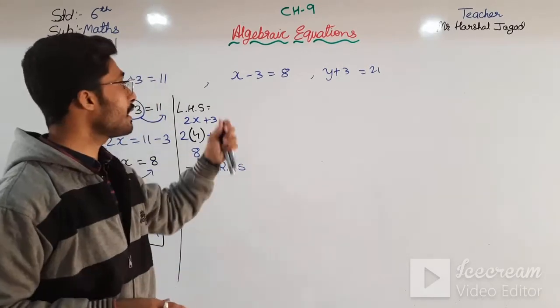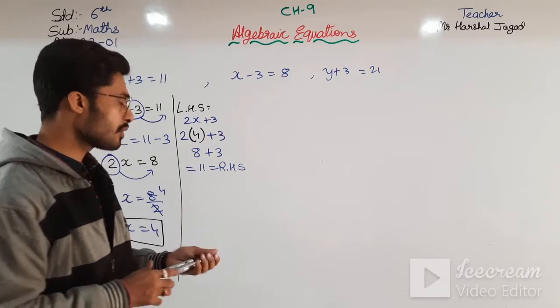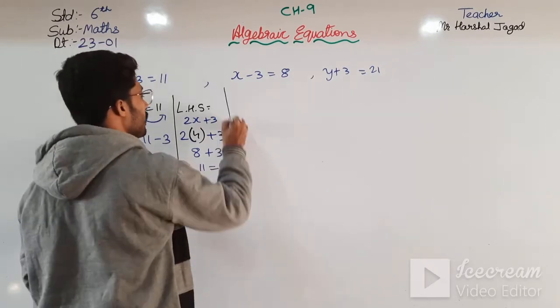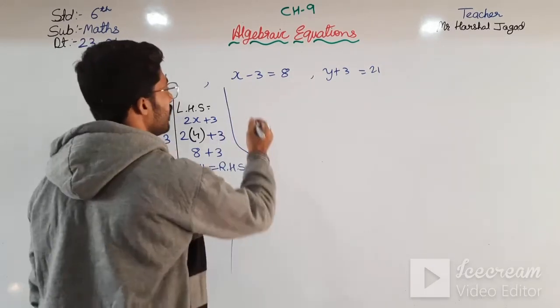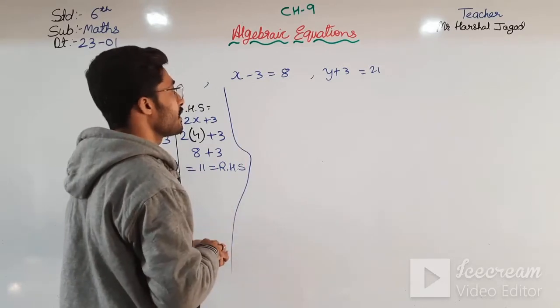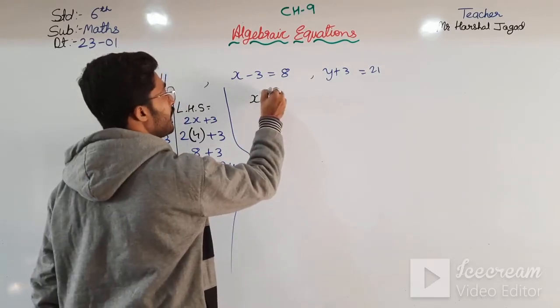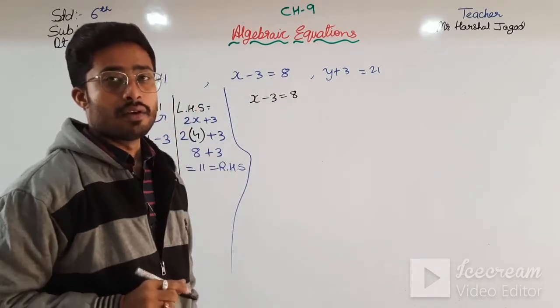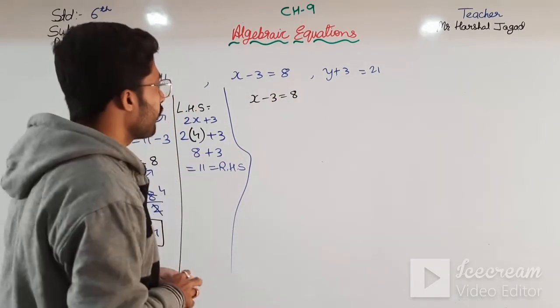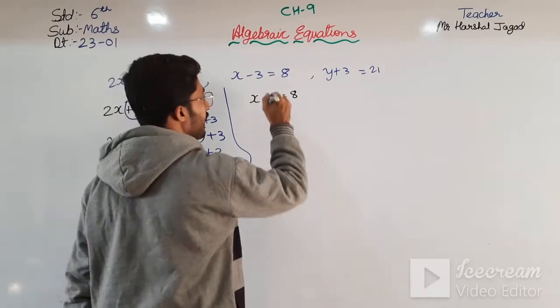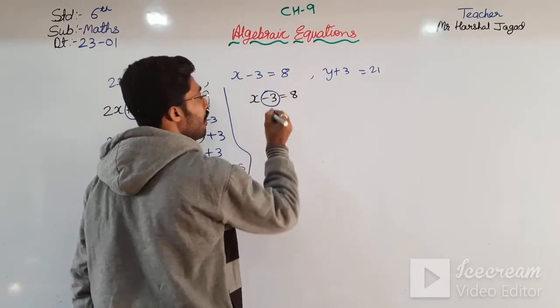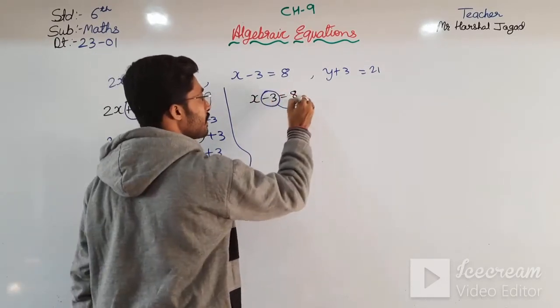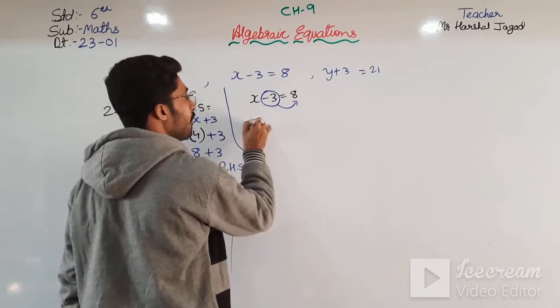And here another example is given, so let us do that. Here you can see the equation which is given, that is x minus 3 is equal to 8. If I take this minus 3 towards this side, then it will become plus 3.